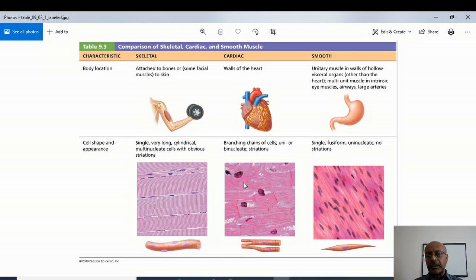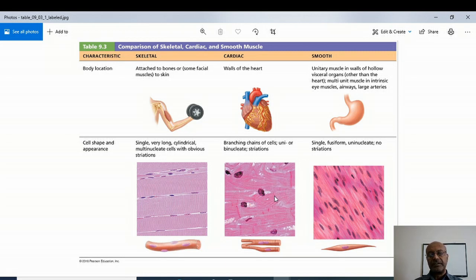So, how do we differentiate one of them from the other? We can tell that this is cardiac muscle tissue by the intercalated discs. Do you see those intercalated discs? Or by the branched appearance. Do you see that this one has one, two branches? Here is one, then it's branching here, if you can notice. Or here, do you see a branching? Or the intercalated discs.